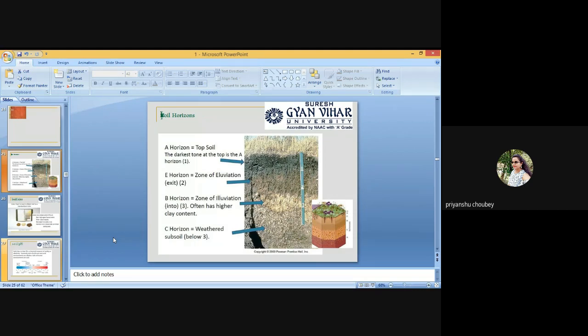The soil components, solid, liquid, and gases, are spatially arranged to form a soil body which differentiates into distinct layers known as soil horizons.